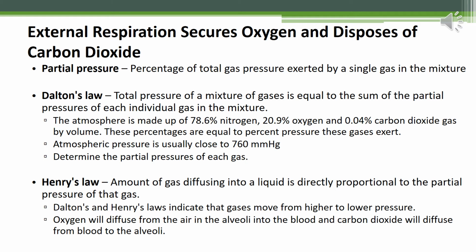Partial pressure is the percentage of total gas pressure exerted by a single gas in a mixture, though it's kind of just any mixture, really.